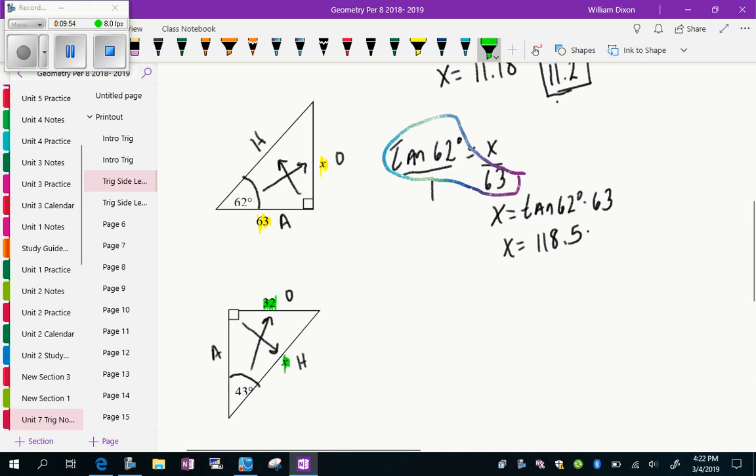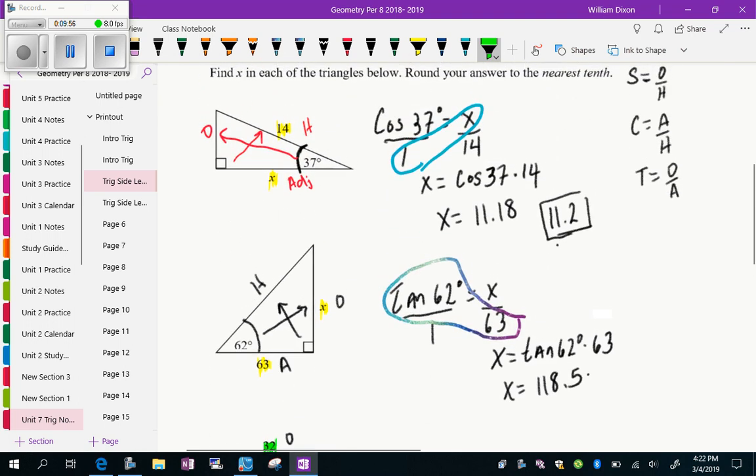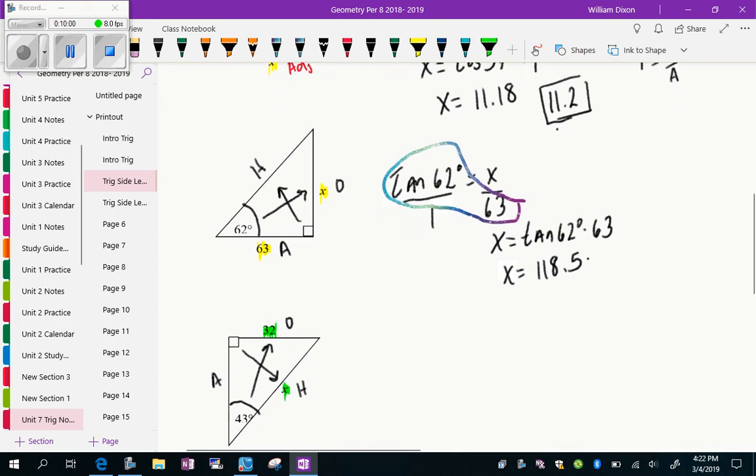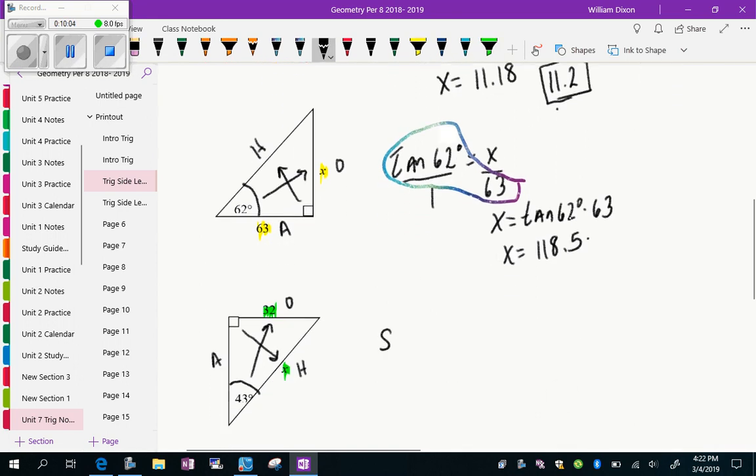Once again, the two sides I'm dealing with are the side opposite and the hypotenuse. So I look back, opposite and hypotenuse is going to be sine. So I'm going to write the sine of 43 degrees equals my opposite, which is 32, over my hypotenuse, which is x.